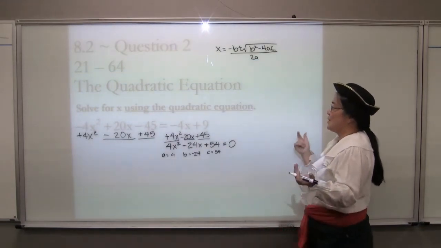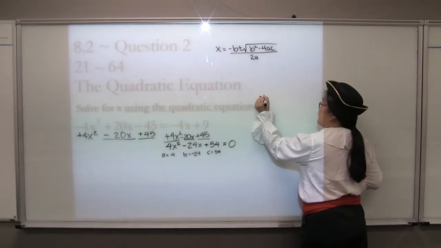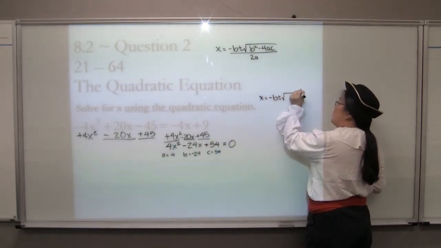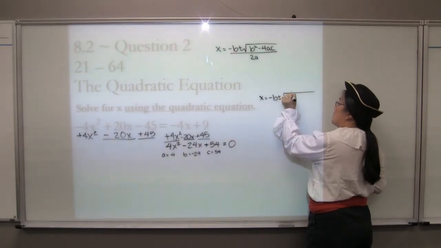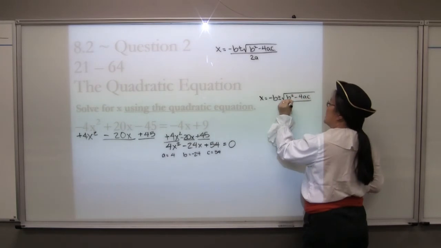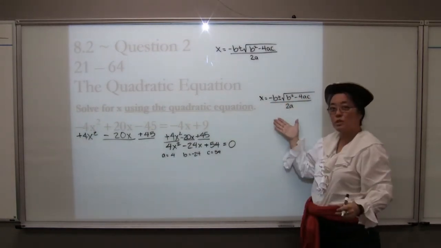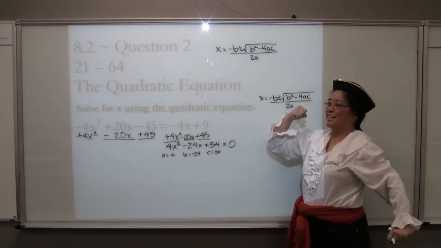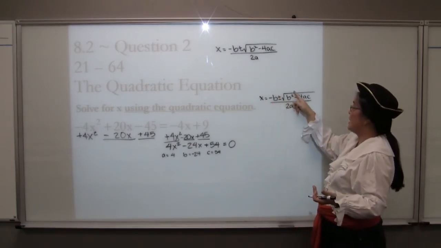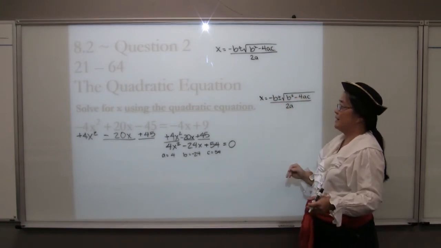All right. Formula, plug, work, answer. I know I have the formula up there, but I'm going to write the formula here because, hey, you can't write the formula too many times. If you memorize this formula, my gosh, this is such a powerful formula, and many students still remember it years after being in my class. So x equals negative b plus or minus square root b squared minus 4ac all over 2a.